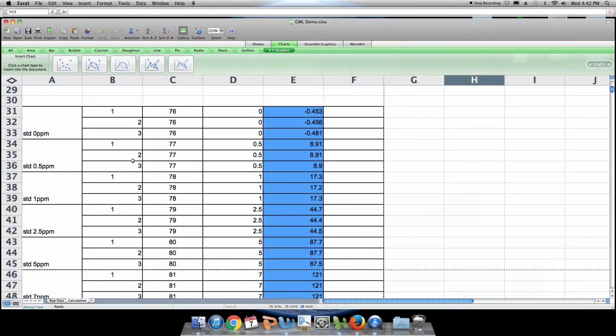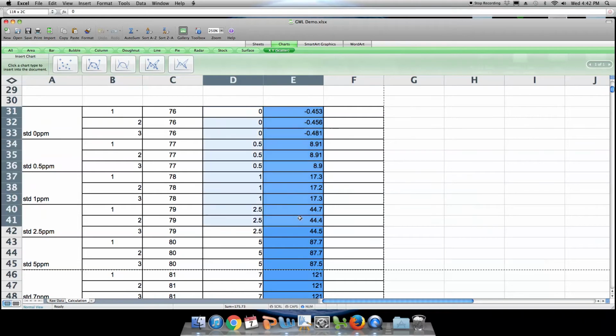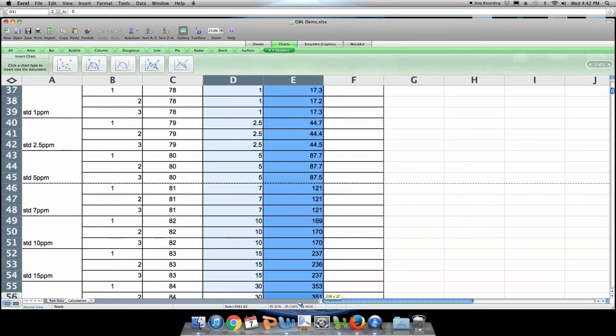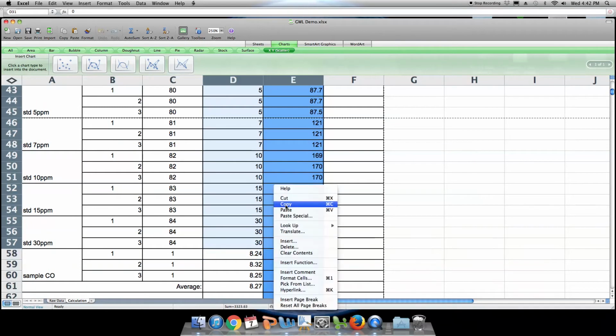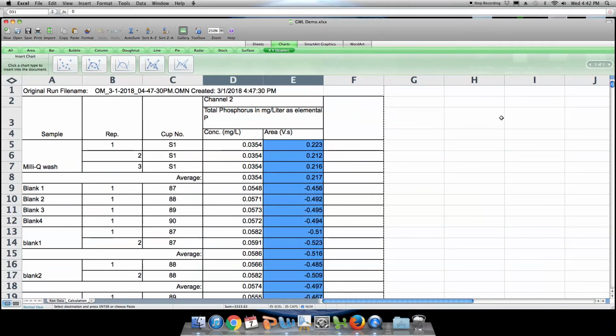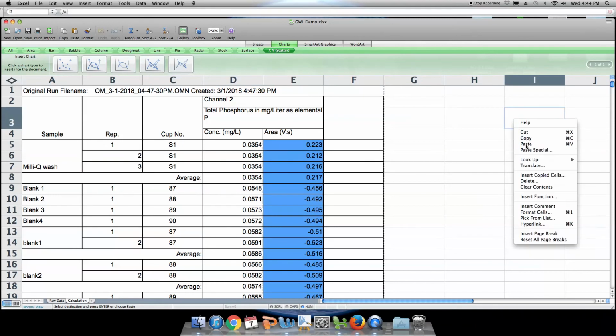We made 1, 2, 3 injections of our 0.5 part per million standard in tube number 77 with a known concentration of 0.5 milligrams per liter. So let's take those milligram per liter values. Let's take our peak area values, and we're simply going to copy and paste them off to the side.